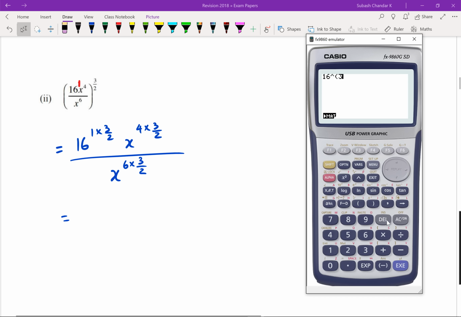Okay, so this is going to be 3 over 2. So this is what the answer should actually look like. Because a lot of you guys, when you don't put the brackets, you might end up getting the wrong answer. Okay, that's the difference between putting the brackets or not. So anyway, we got 16 to the power of 3 over 2, which equals 64.